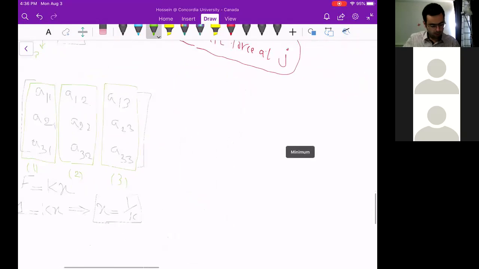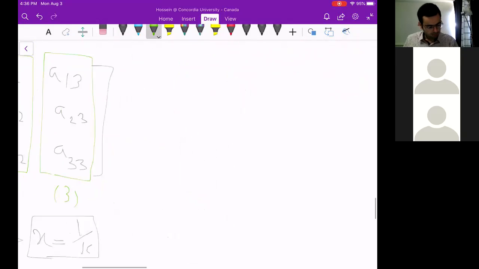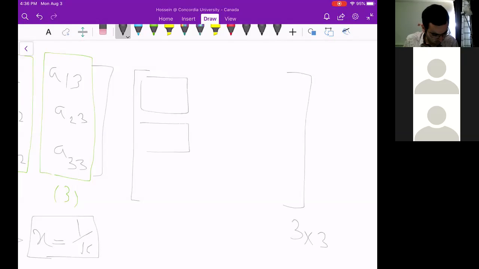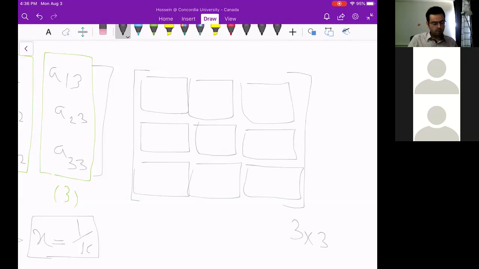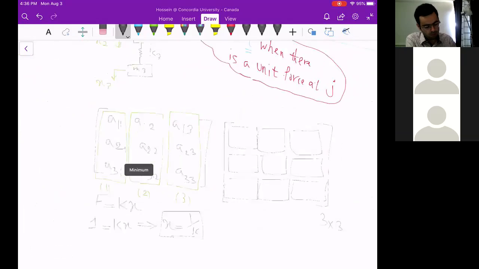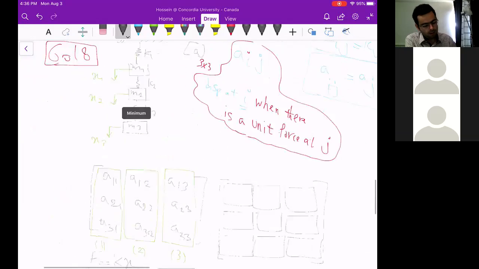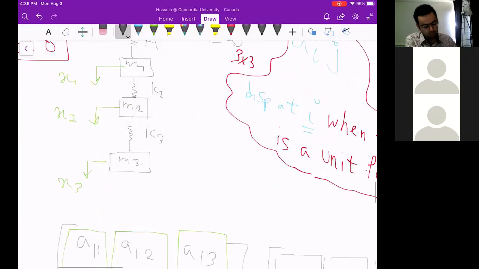So you have to draw the 3 by 3 matrix. The first column means A11, A21, A31.